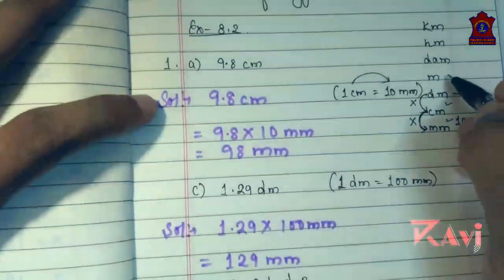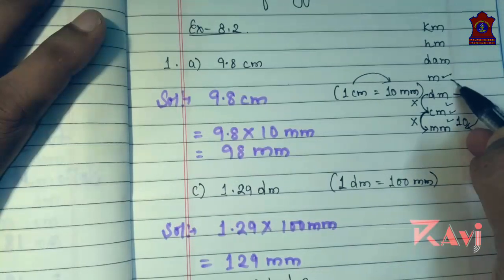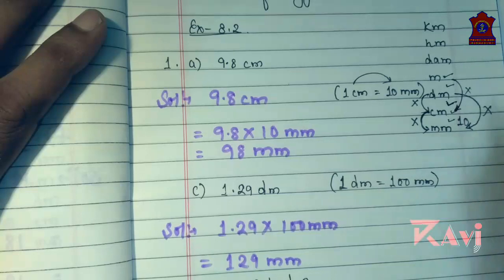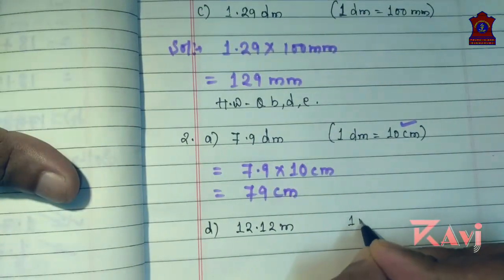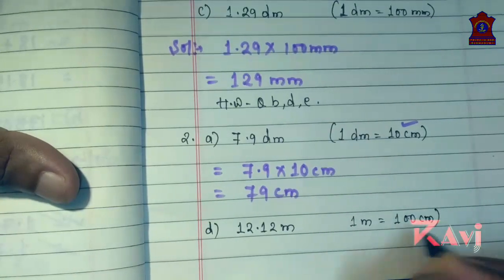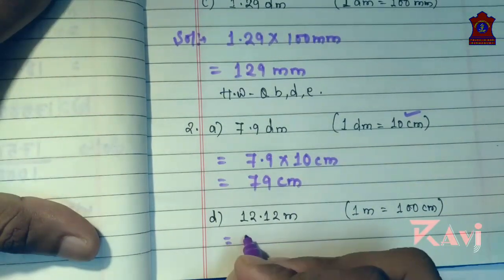We are coming from meter to centimeter. This we are multiplying. 10 into 10 is 100. So 1 meter equals 100 centimeter. Clear?